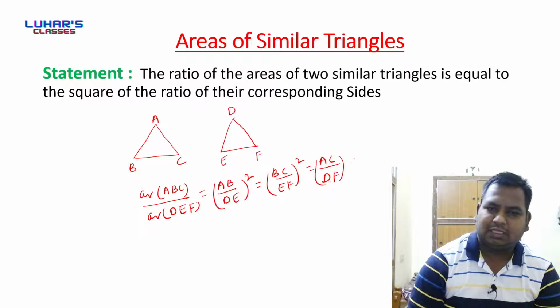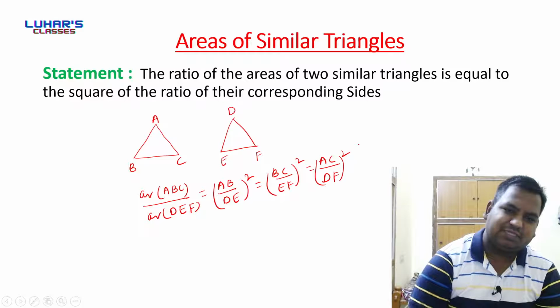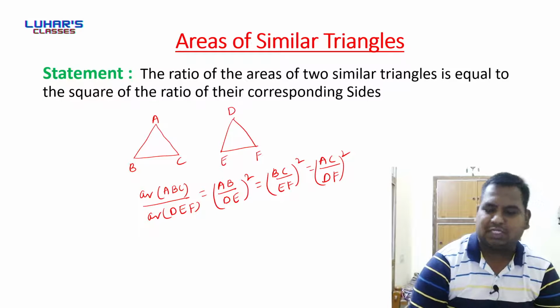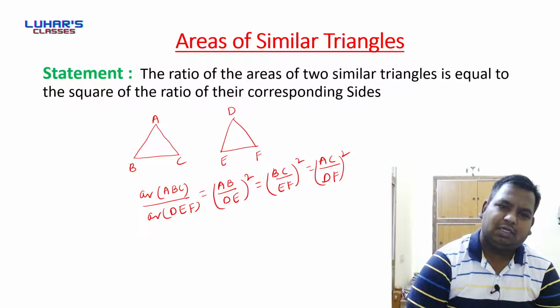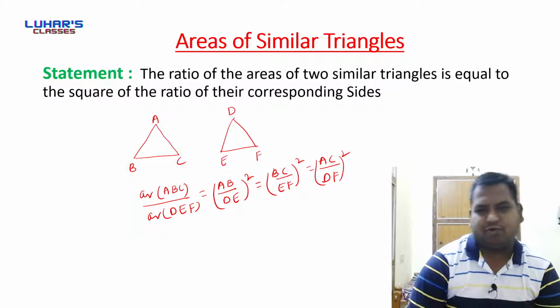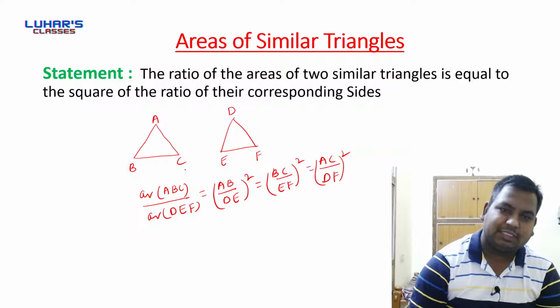That means if you have two triangles which are similar, then the ratio of the areas will be equal to the square of the ratio of the corresponding sides. Now, in this video we shall learn how it is possible, how the ratio of the areas of similar triangles is equal to the square of the ratio of the corresponding sides.